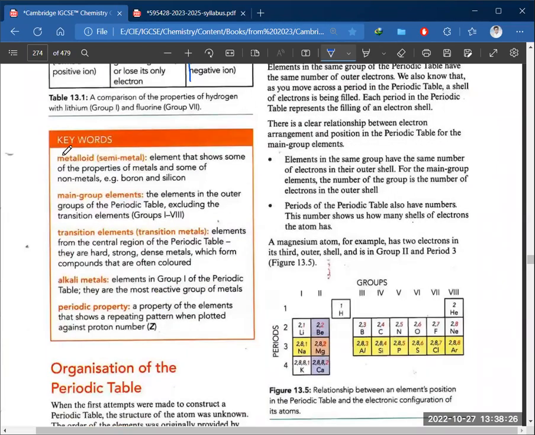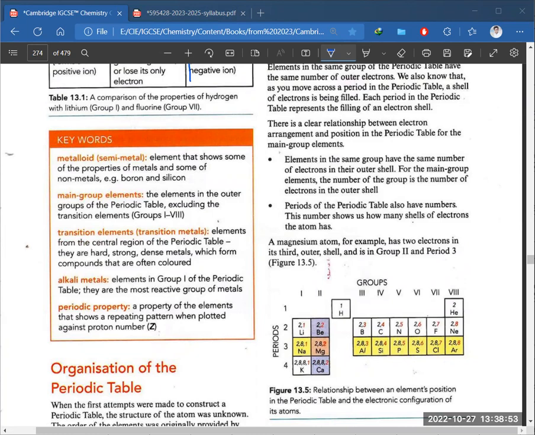Now, Anas, read the keywords out loud. Keywords, okay. Metalloid: a semi-metal element that shows some of the properties of metals and some of non-metals. Example, boron and silicon.